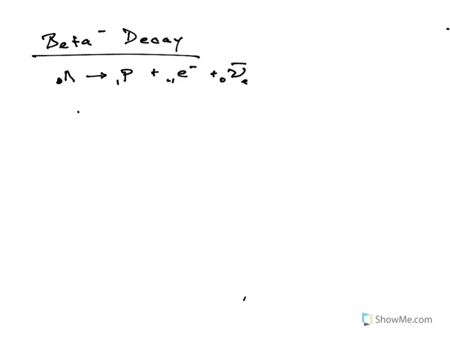So if you remember what a neutron is, it's a set of 3 quarks: an up, a down, and a down quark. A proton is also a set of 3 quarks, but this time it's 2 ups and a down. And of course the electron is a fundamental particle, so there's nothing more I need to worry about for it.